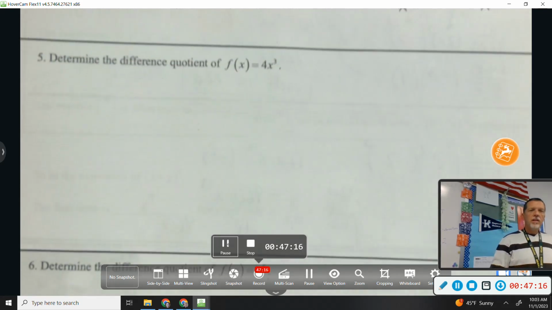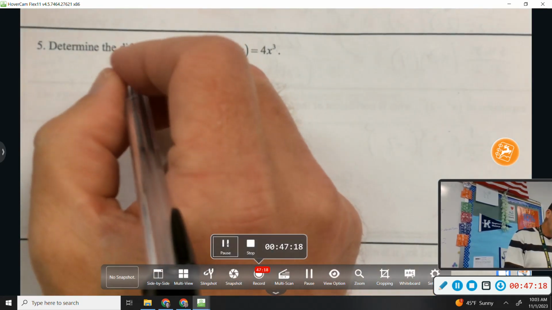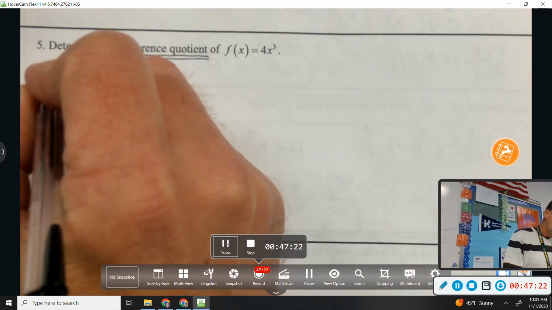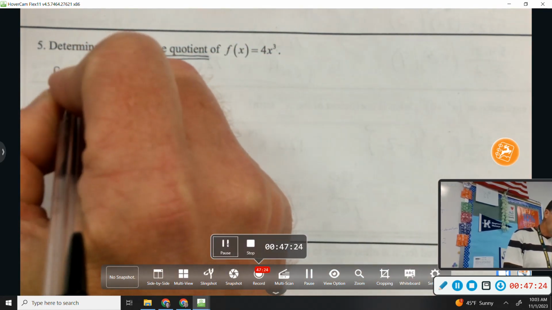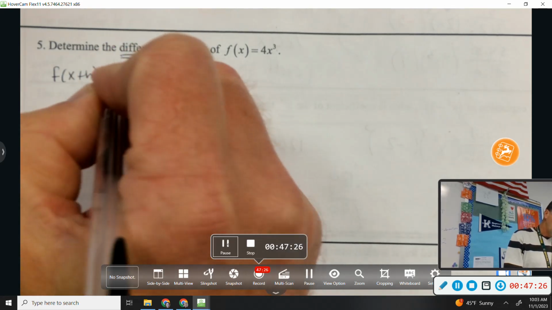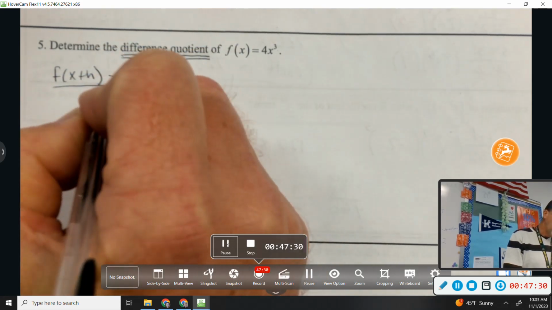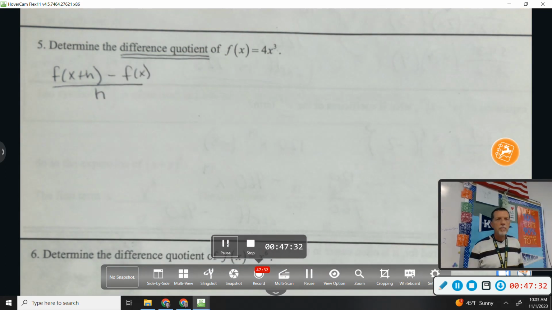Difference quotient. Let's see. That's f of x plus h minus f of x all over h. That was not y'all's bonus.